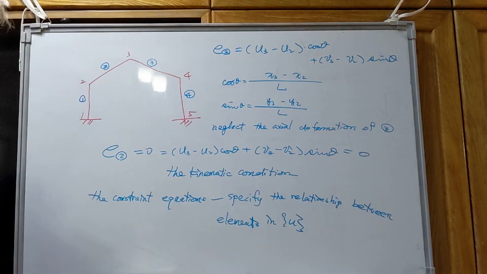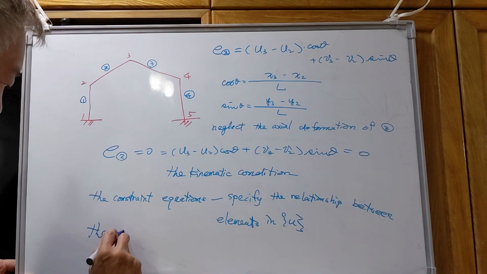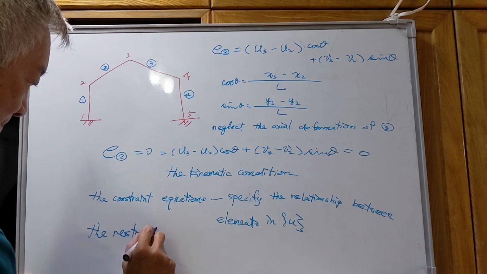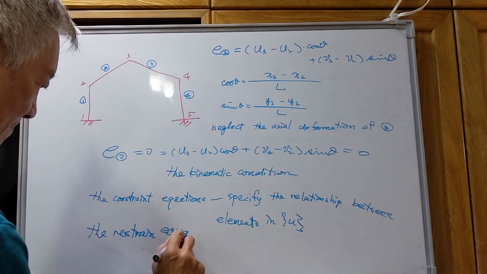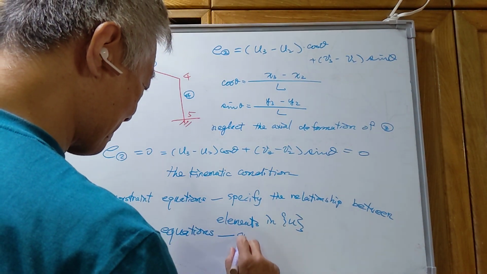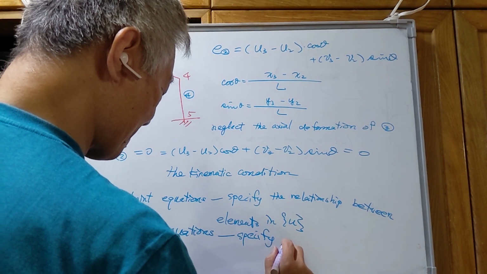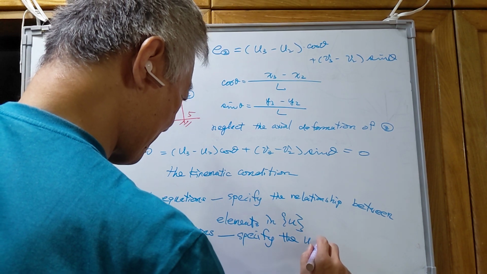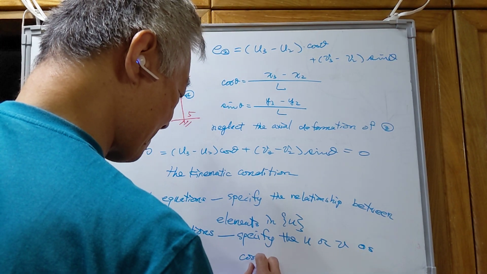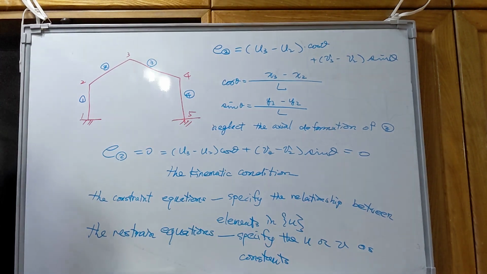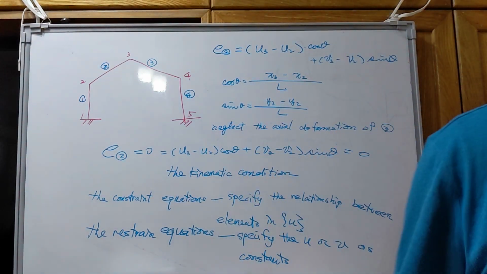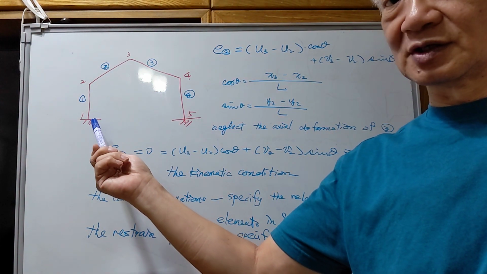Also, we have the so-called restraint equation. Usually the restraint equations refer to, for example, a fixed end support at joint 1.